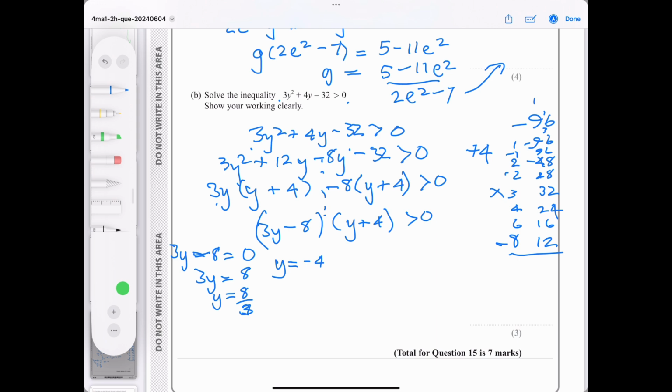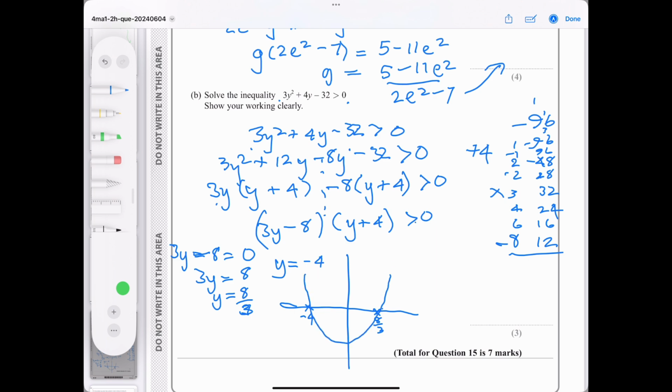So let's draw a little diagram and mark this in. y equals minus 4, and y equals 8 over 3, which is almost 3, so about there.